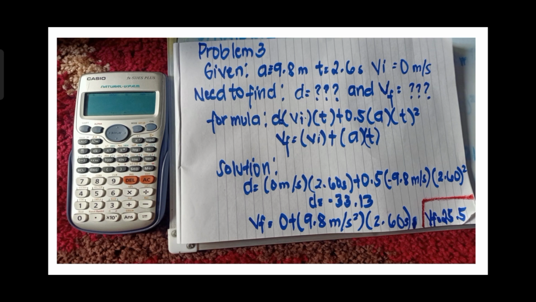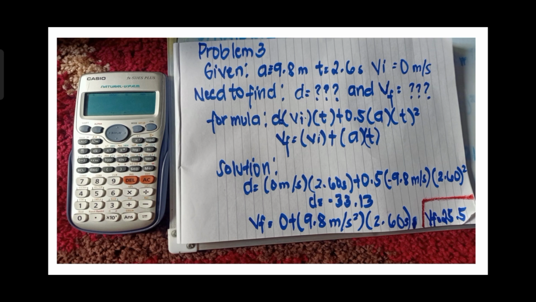D is equal to 0 meters per second times 2.60 seconds plus 0.5 times negative 9.8 meters per second squared times 2.60 squared. So the final answer that we will get in that problem is D is equal to negative 33.13.